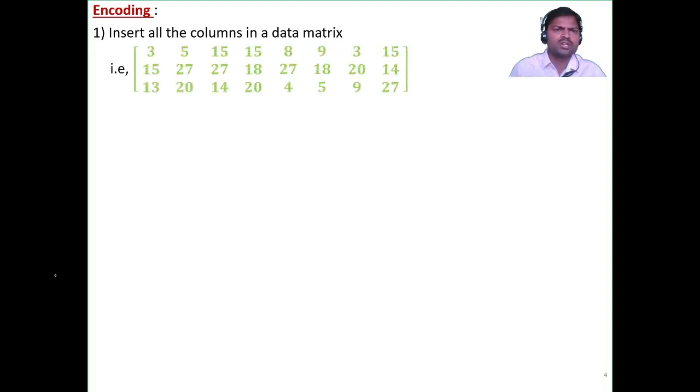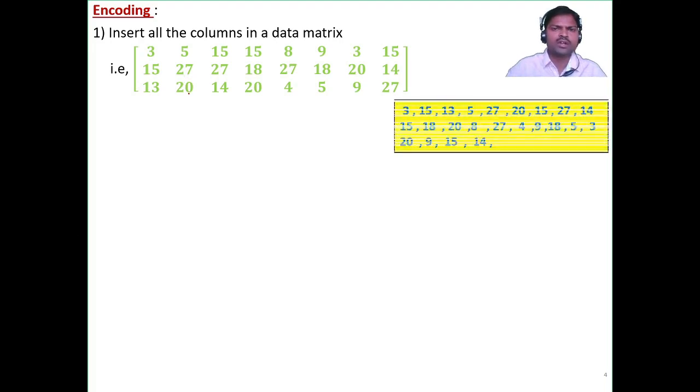The first column is 3, 15, 13, and the second column is 5, 27, 20. For your information, this is a data matrix. This is the enumerated message: 3 means C, 15 means O, 13 means M, C, O, M, E, and space, and T, O, to come to north direction. So the first 3 numbers are in the first column, the next 3 in the second column, and the third 3 in the third column, likewise.